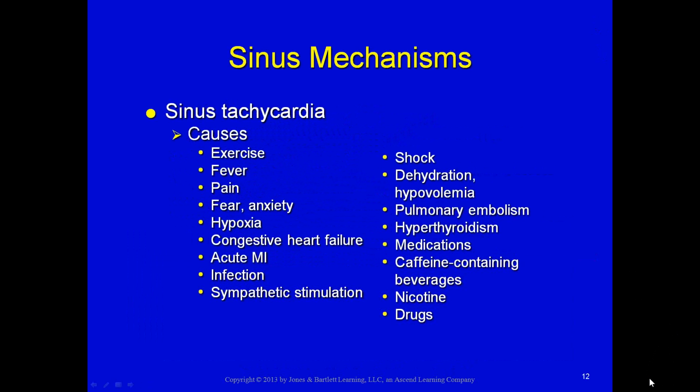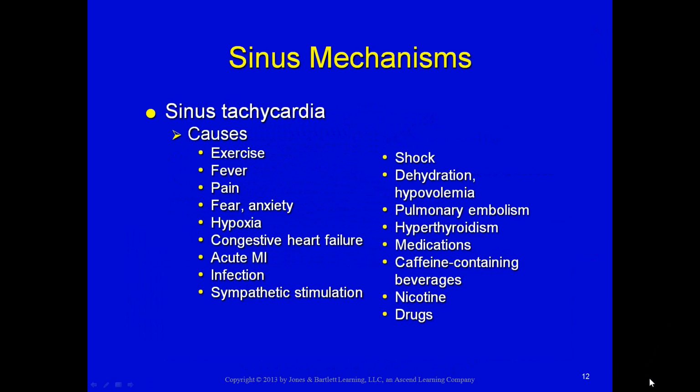When you exercise, your body calls for more blood, more oxygen, and so you not only increase your rate and depth of breathing, but you also increase your heart rate to increase your blood pressure, to push more blood to your tissues. Fever will cause an increase in heart rate. Pain causes an increase in heart rate. Fear and anxiety. Lack of oxygen causes an increase in heart rate initially, but then eventually the heart rate starts to slow down if you're hypoxic for long periods of time.